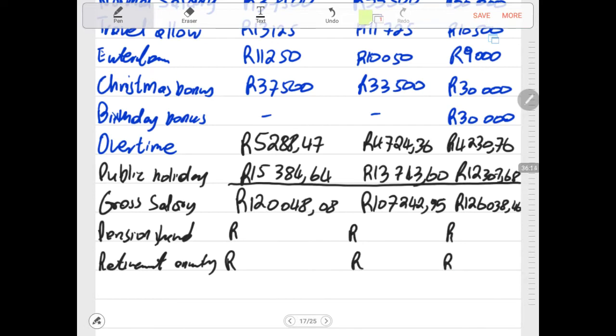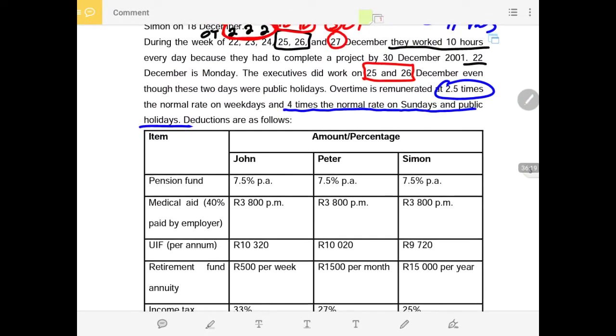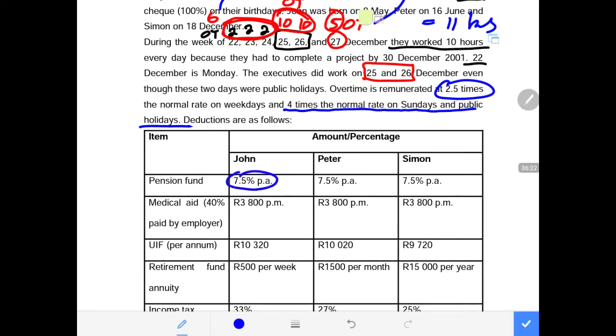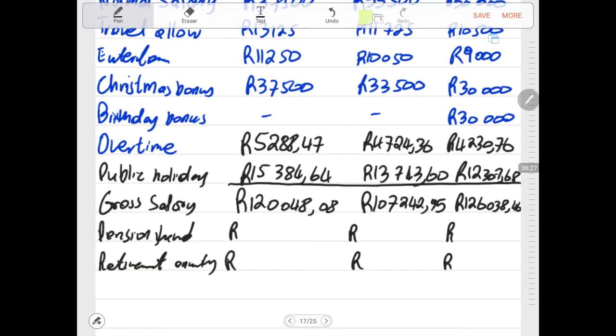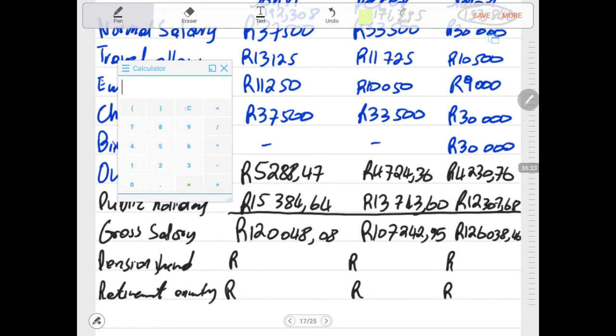So now if it's calculated from the normal salary, we need to see where this pension fund is. Pension fund 7.5, 7.5 and 7.5. We know that our normal salary for the month for these employees is 37,500 for the first one. 7.5 divided by 100 times 37,500 gives us a total of 2,812 rand 50 cents.